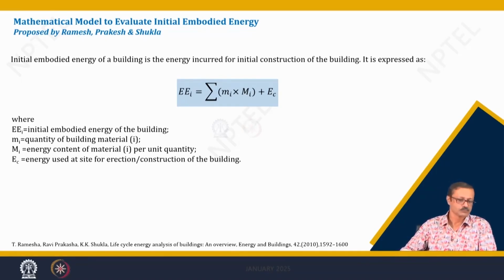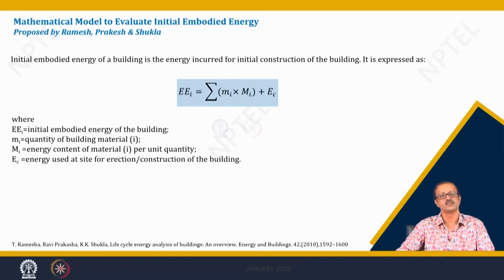They are the quantity of the building materials and the energy content of the material, and then there is the addition of the energy used for the transportation of the material to the construction site.